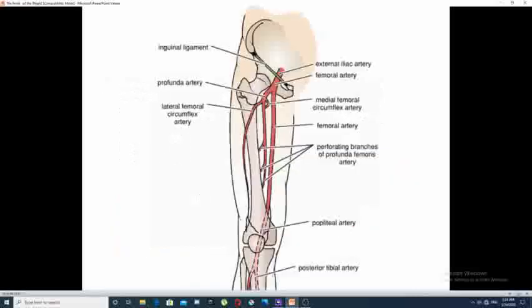You can see this is the femoral artery and this is the profunda femoris artery, as it gives the medial femoral circumflex and lateral femoral circumflex arteries, and then it descends on the medial compartment of the thigh, giving perforator arteries. These are the 3 perforator arteries, and it will end at the 4th perforator branch.